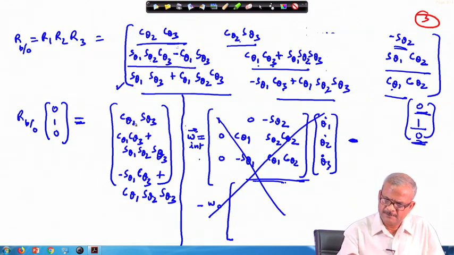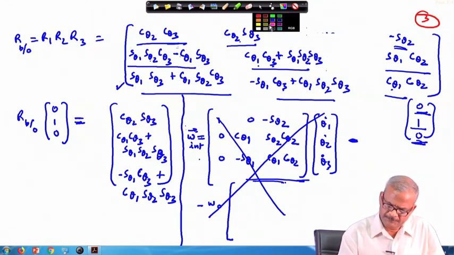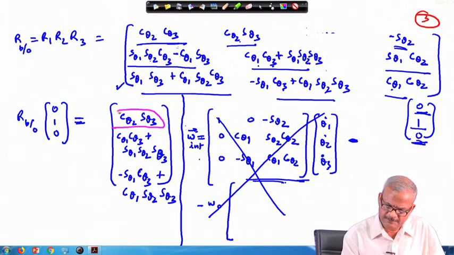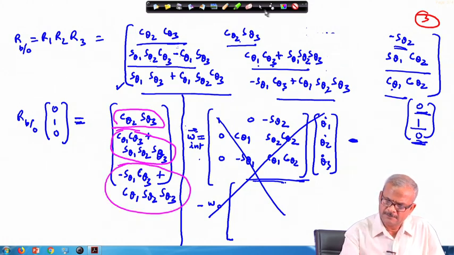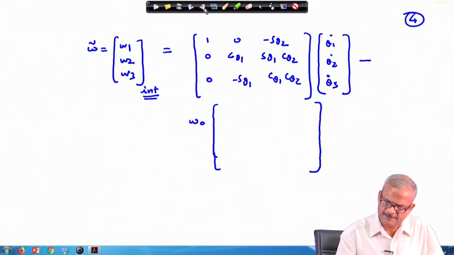These are separate terms: this is one term, this is another term, and this is another term. This plus sign is here. So, we need to copy all these terms here in this place.